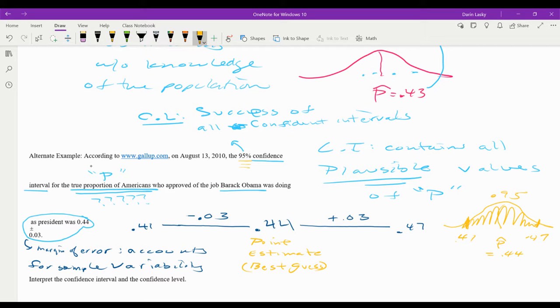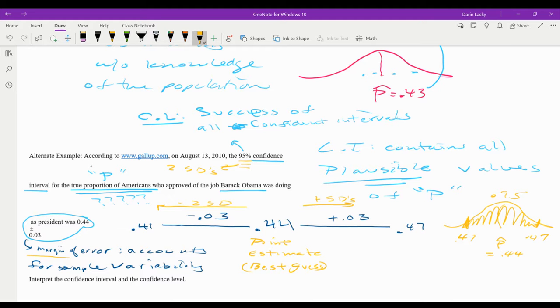Just so you know, 95% is 2 standard deviations. So we've got 2 standard deviations this way, minus 2 standard deviations, and positive 2 standard deviations this way. So we have our best guess, and we have our margin of error to account for variability. That tells us our best guess is in the center, but it may be to the left and it may be to the right.